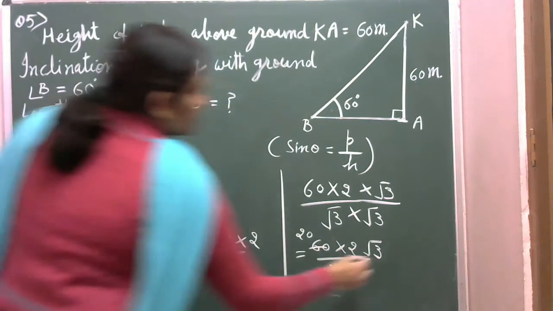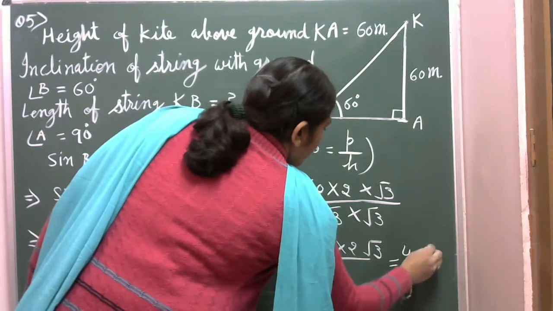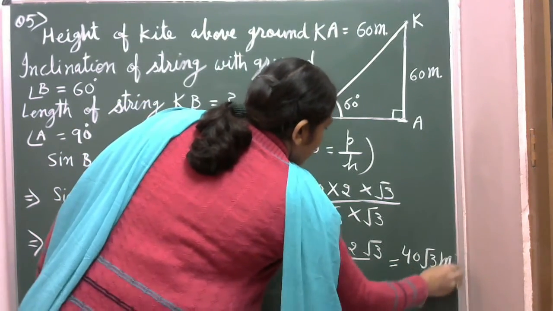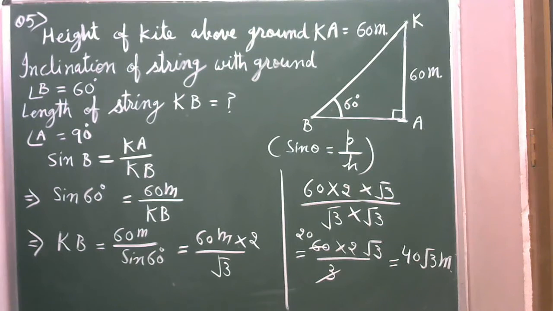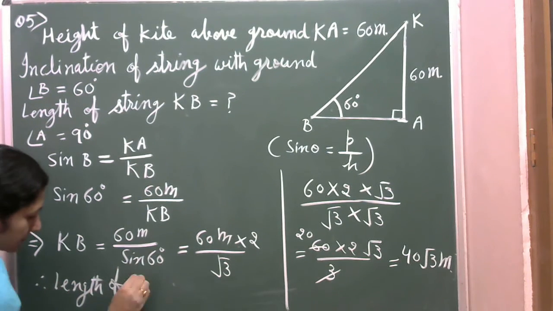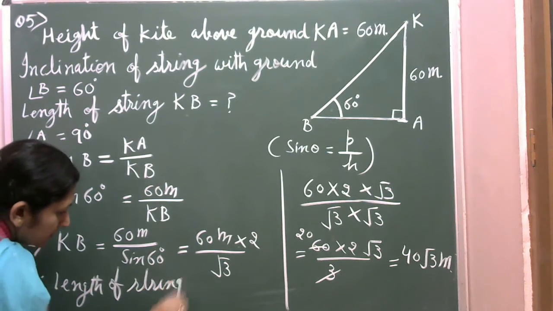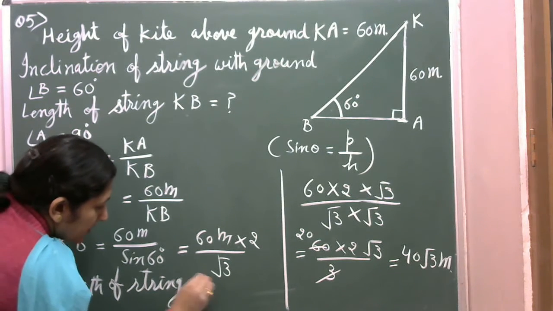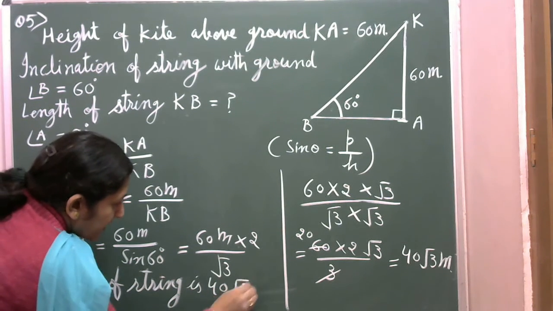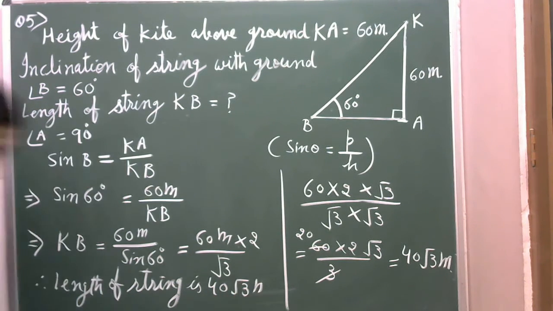Cutting करके it will be 40 under root 3 meter. So here length of the string you are asked. So therefore length of string is 40 under root 3 meter.